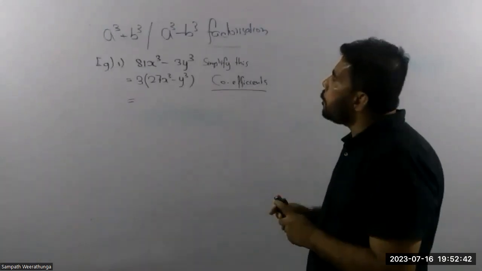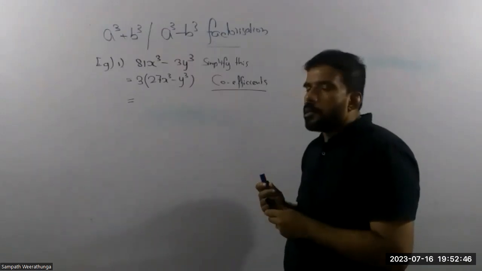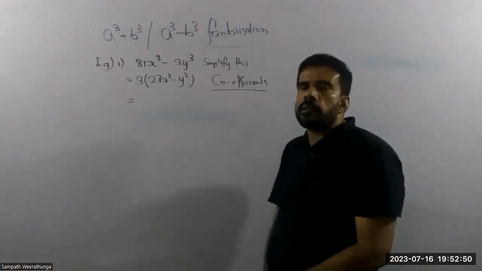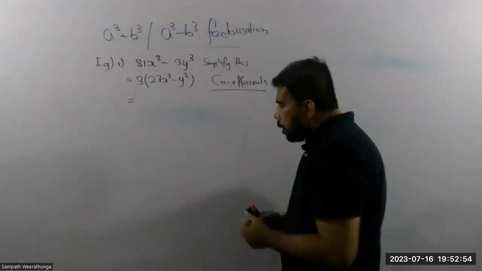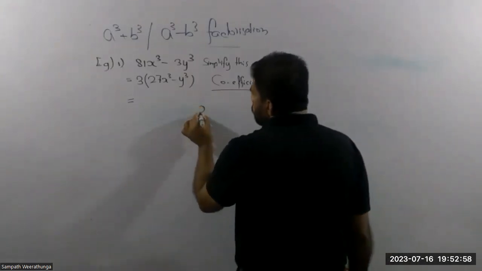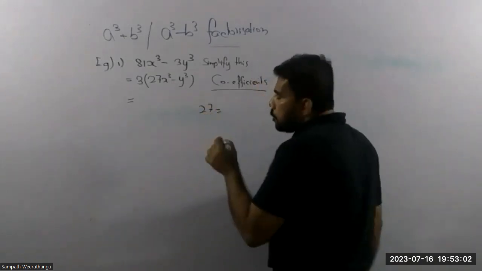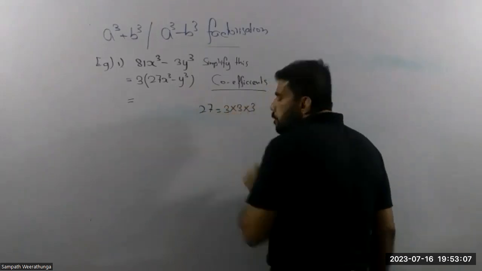My purpose is to convert this into cubic form. Now, what is 27? How can I express 27 as a cubic expression? Yes, I know 27 is 3 into 9, and 9 is 3 into 3. So 3 into 3 into 3 is 27.